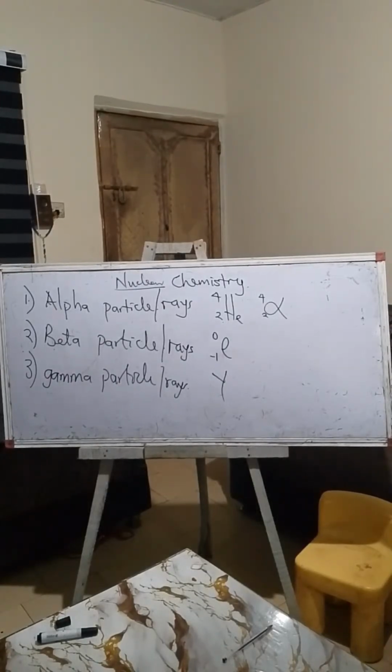Carbon 13, the carbon has a mass number of 13. Carbon 14, the carbon has a mass number of 14. But now it is represented as what?